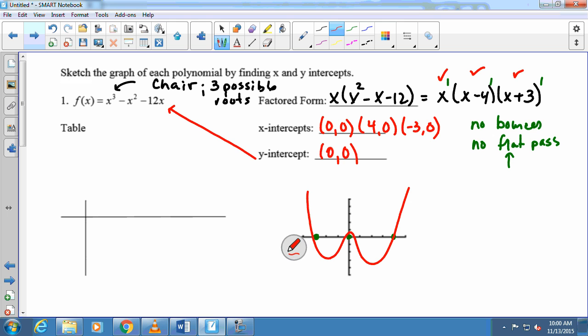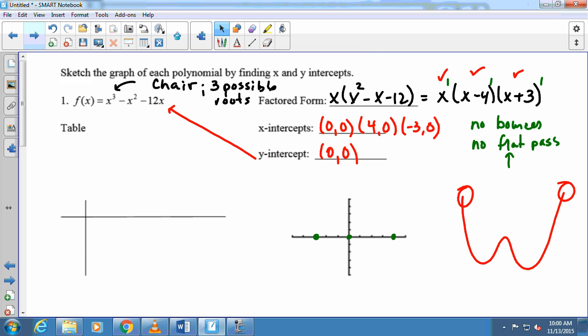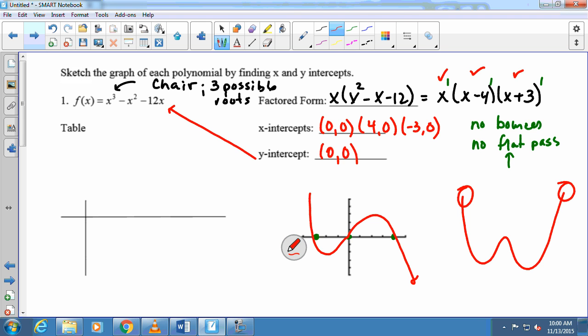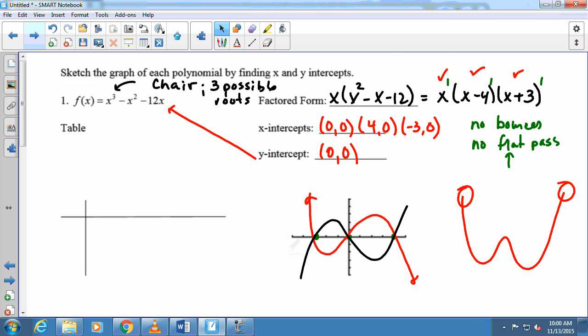Oh, I know it doesn't go like that because my power is odd, not even. So I know that one's not right. Maybe it goes something like that. It's one option. I know it's going to be a chair. A second option could be this, but I'm not sure which of those 2 we're going to use for this.